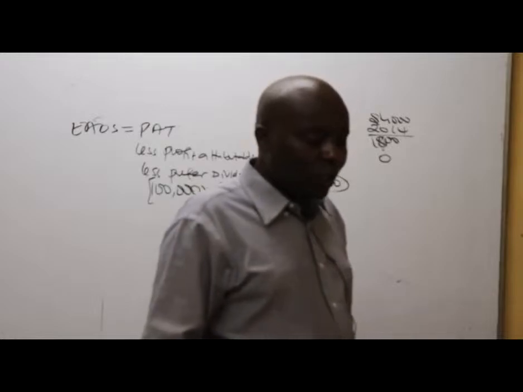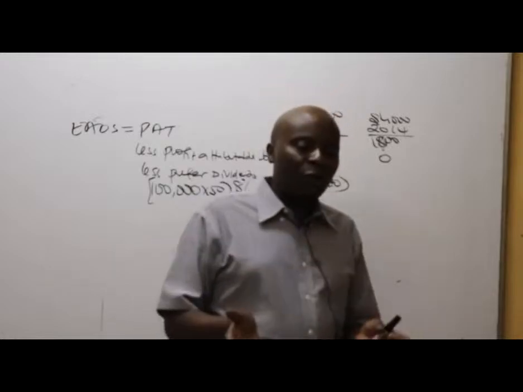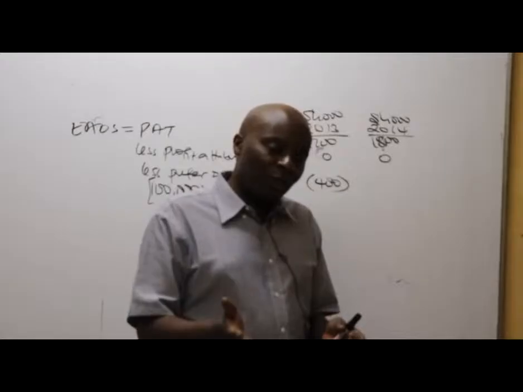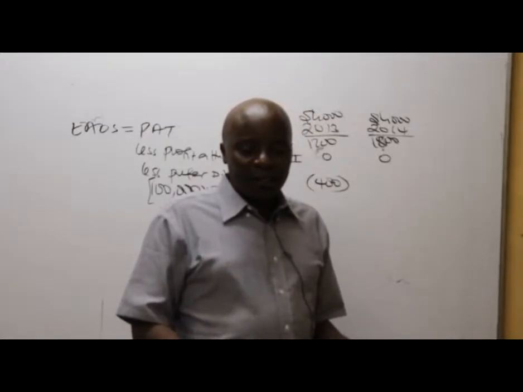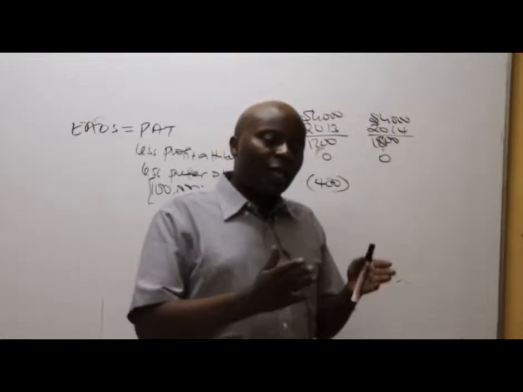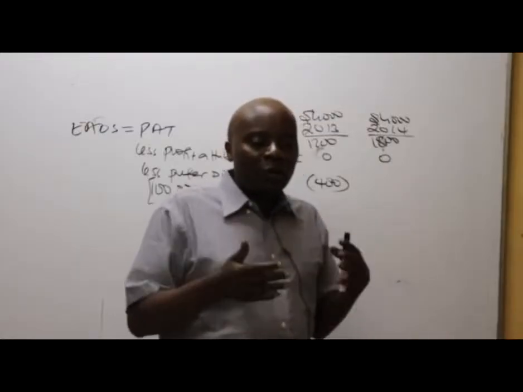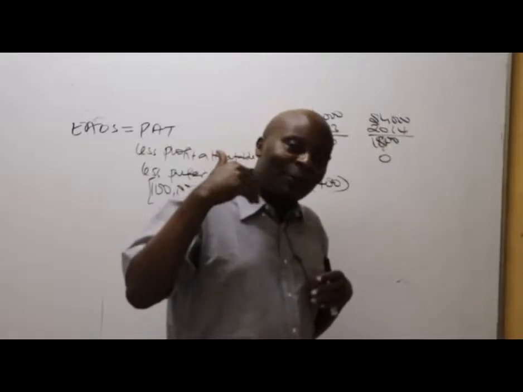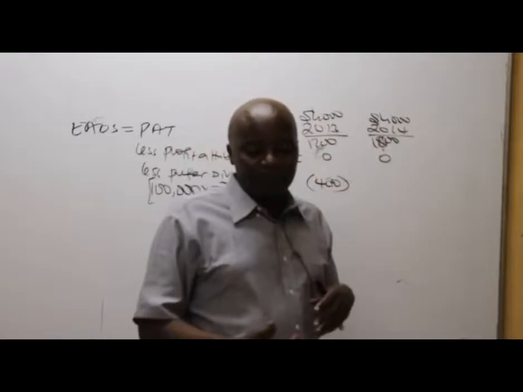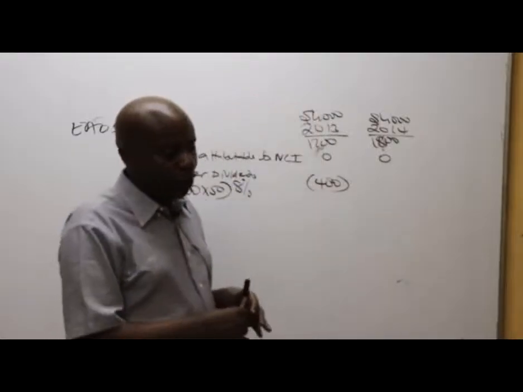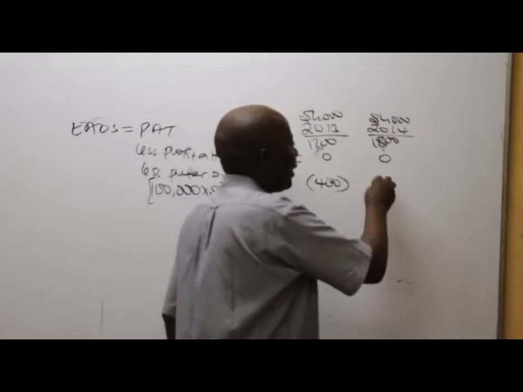Not unless you're told they converted, because the only thing that converted, if you remember, were debentures in the last note. If they have not converted within the period, then that's a potential dilutive financial instrument. So in this case, we have 400 outstanding.